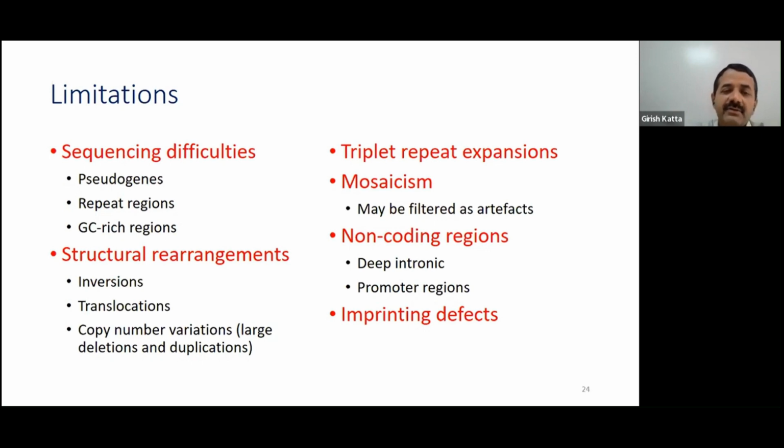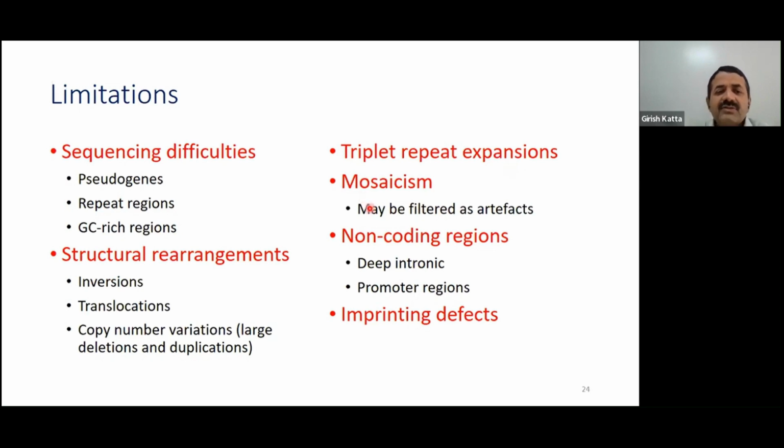And even now, pipelines or strategies are evolving where we can probably guess very well the copy number changes in the exonic regions using even exome sequencing. Currently, most of the labs would offer you copy number variation analysis from exome sequencing or next generation sequencing data as well.